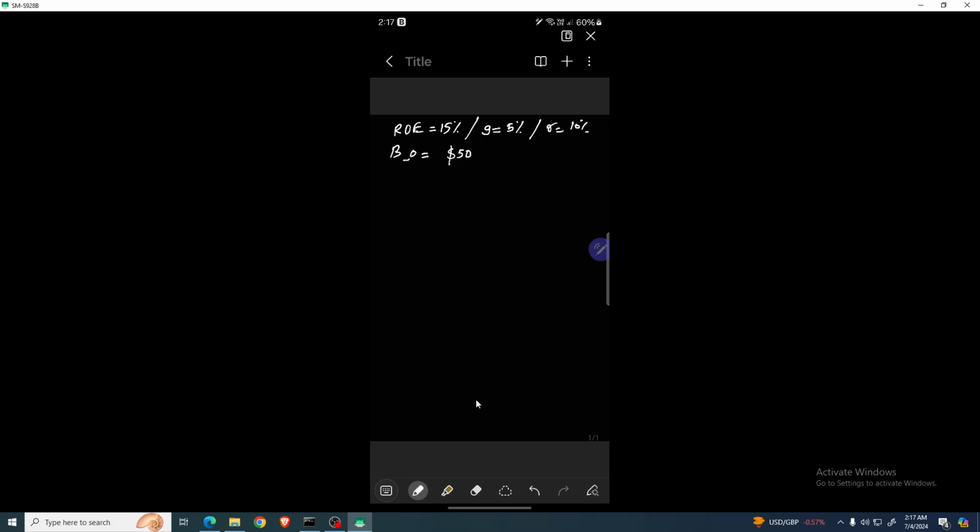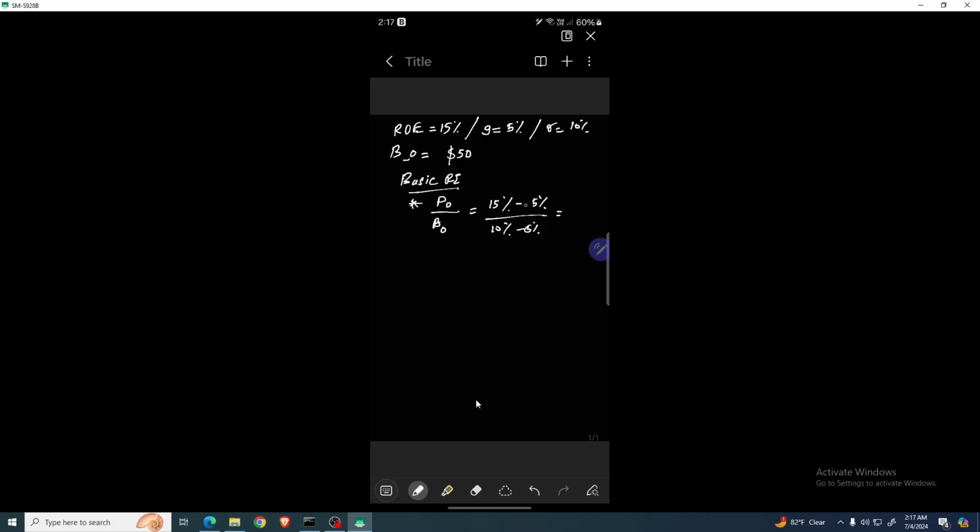So if we were to use the basic residual income model, that would be quite easy. Basic RI, that would be what? P0 divided by B0. So it's going to be what? 15% minus 5%, because we are going to deduct the growth, and same for the book value as well.